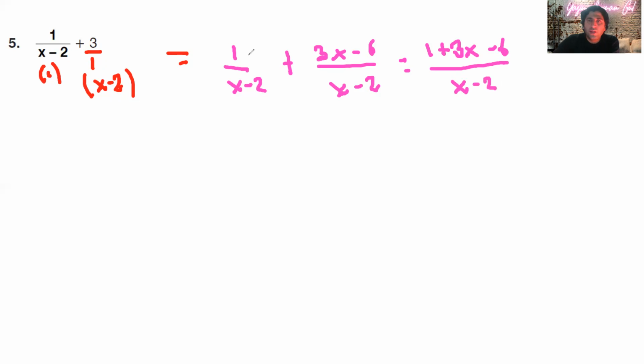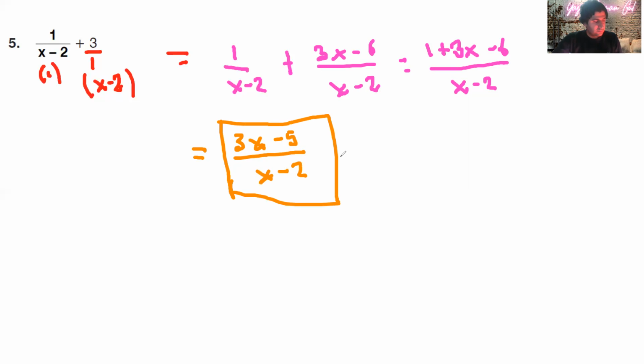That equals to 1 plus 3x minus 6, that is going to be 3x minus 5 over x minus 2. So that is going to be my answer, 3x minus 5 over x minus 2. Let's continue with the next question.